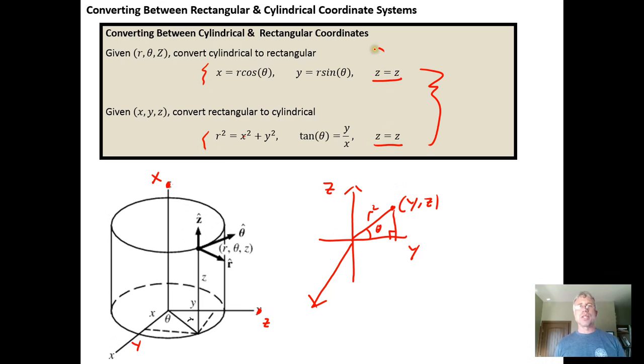If you extrude the cylinder with respect to the x-axis, you'll get x equals x, and you need to tweak these. If you extrude your cylinder parallel to the y-axis, then you're going to get y equals y, and you'll need to tweak these formulas to take that into account.